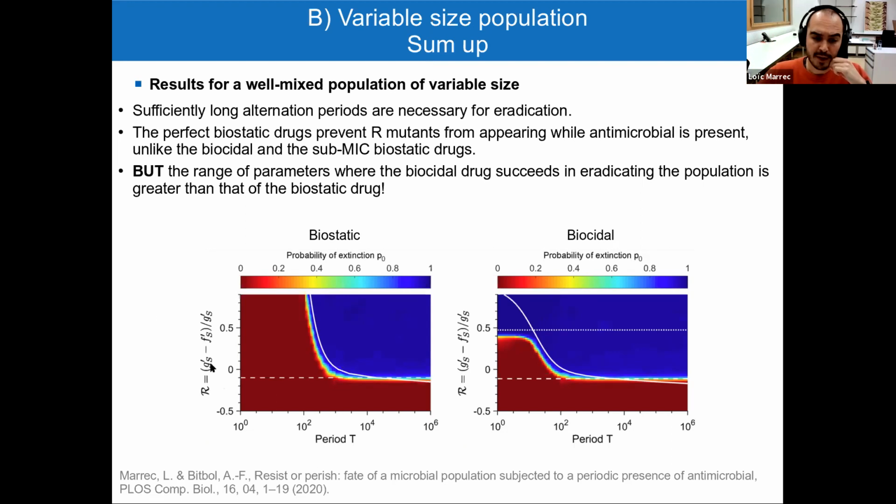It is the difference between the death rate and the division rate of the sensitive microbes in presence of drugs. And so it should be robust, because we can make a link between both treatments using this quantity, and we only need to define two parameters: the division rate and the death rate.